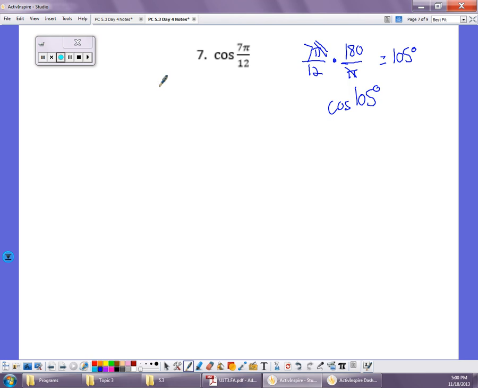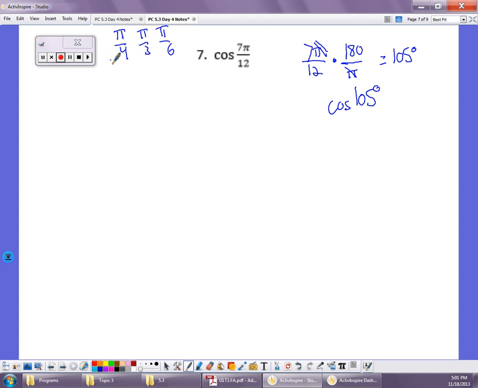But if you would like to do it in radians, you want to cut 7 pi over 12 into two things that will add up to 7 and that we know the angles for. So for example, remember in radians we know pi over 4, we know pi over 3, and we know pi over 6.